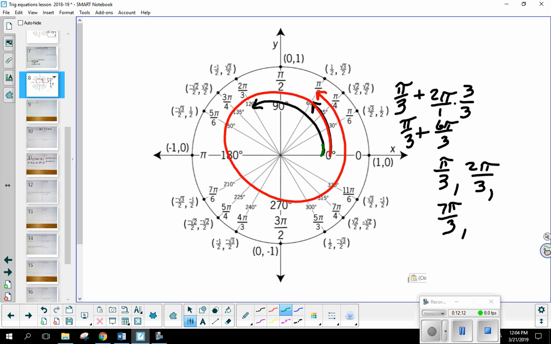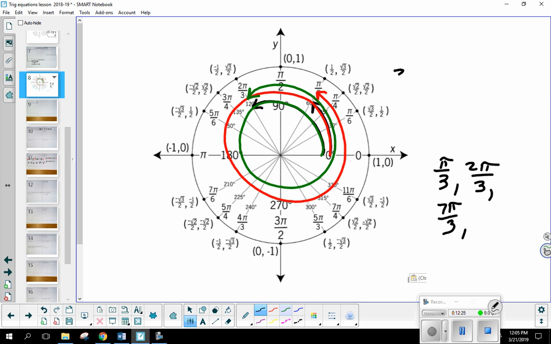So like this one here, if I started revolving around and got to 2/3 pi, then I want to go all the way back around again to the exact same location. So I'm going to do the same thing. I'm going to take 2 pi over 3, and I'm going to add 2 pi. Is this making sense? Is everybody okay with that? So that would be 8 pi over 3. That's exactly right, because I multiply by 3 over 3, 2 pi over 3 plus 6 pi over 3. That is 8 pi over 3.